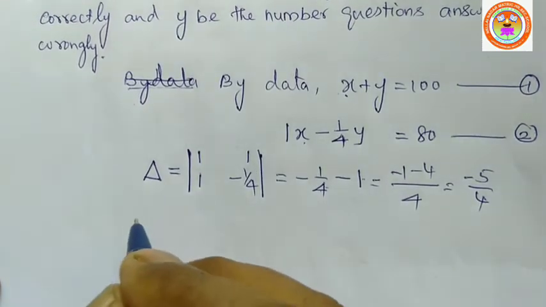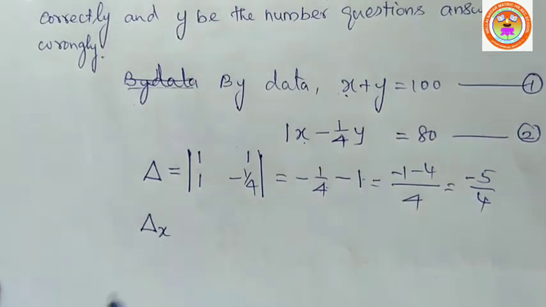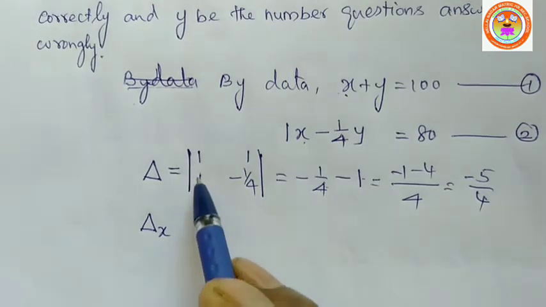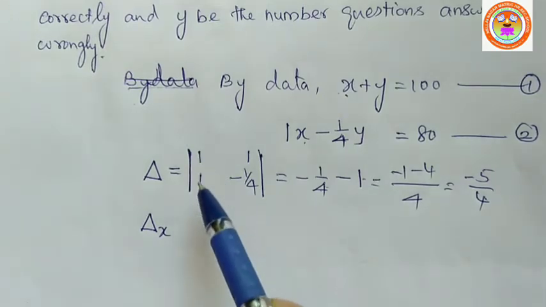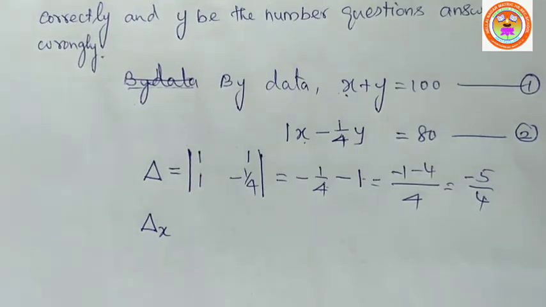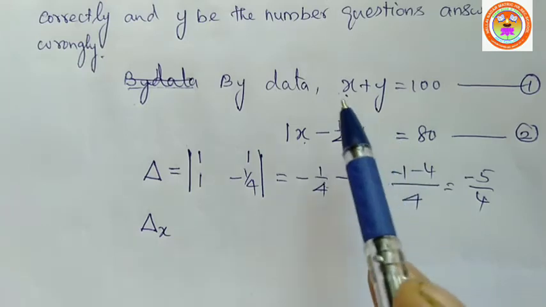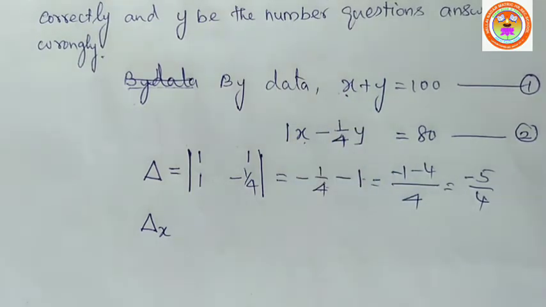Delta x is obtained from delta by replacing the first column elements by the constant terms. Why are we replacing the first column? The reason is the first column elements are the coefficients of x. Is it clear? Okay.